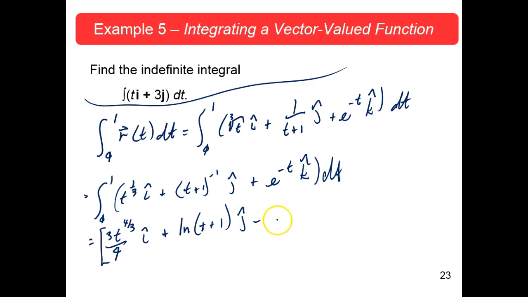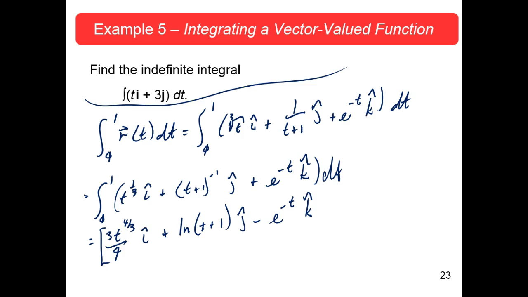If I remember correctly, that should just be e to the plus e to the negative t. Right? No. Just minus t. Because the antiderivative of e to the t is e to the t. It's the same thing, except for a chain rule part that then changes to plus or minus. Yes. Okay. Make sense?